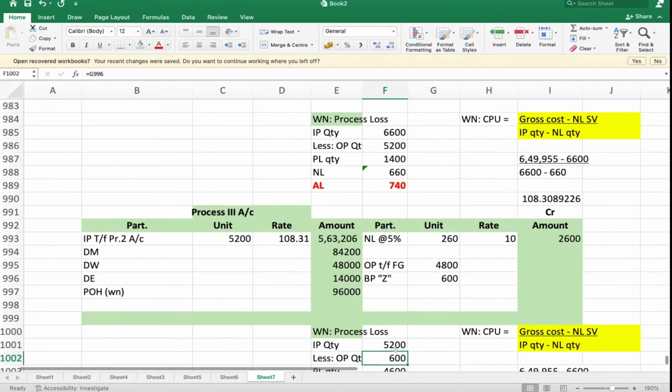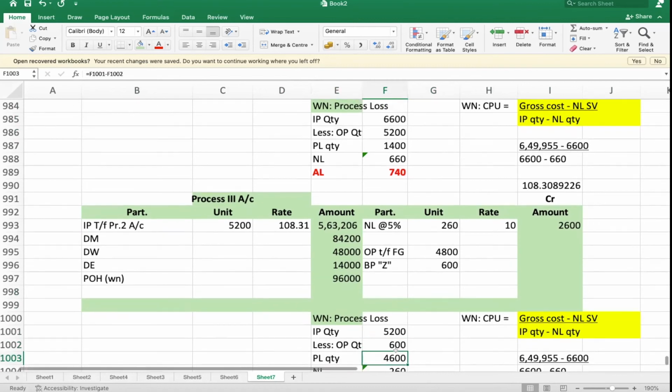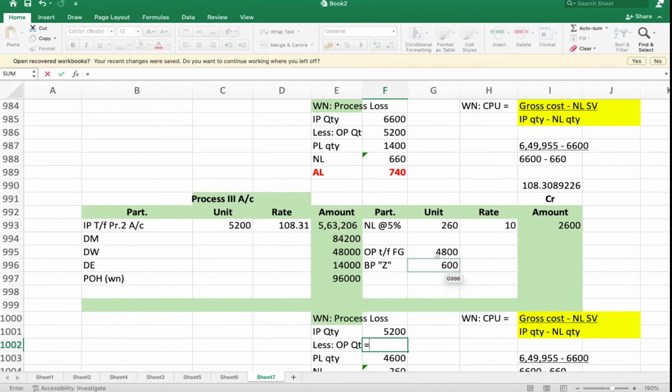Input quantity minus output quantity. With respect to output quantity, here we are having two outputs: output of this particular process plus byproduct. Both are output only. Am I right or not? So total output comes to how much? 4,800 plus 600 is equal to 5,400.